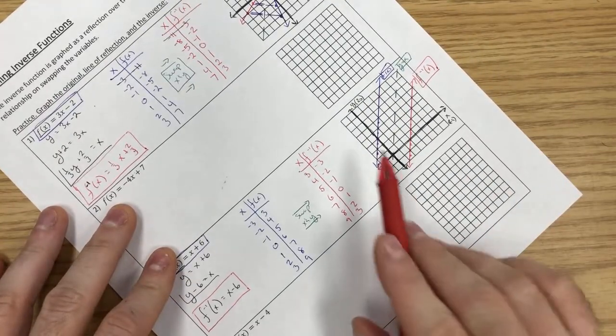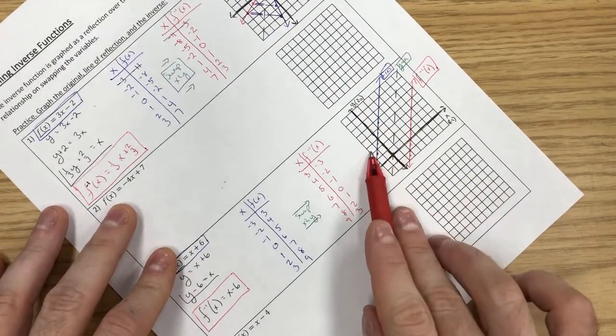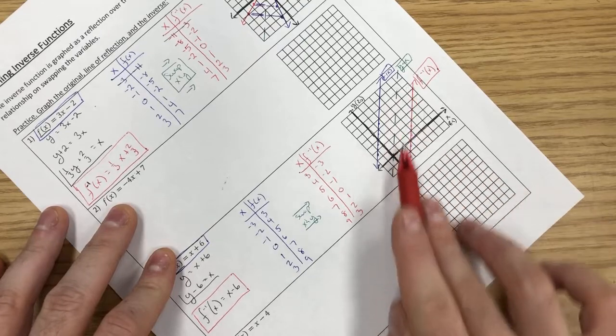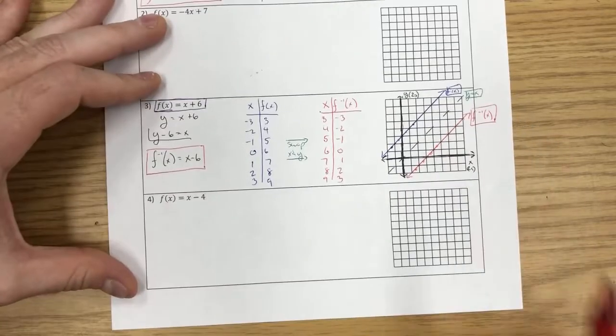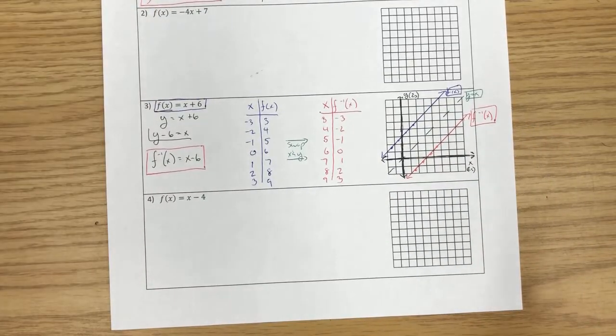And that's exactly what we expected. We expected to see every point on here completely reflected onto the other side. And that is exactly what we got. Boom. So that was the first exception that you might get.